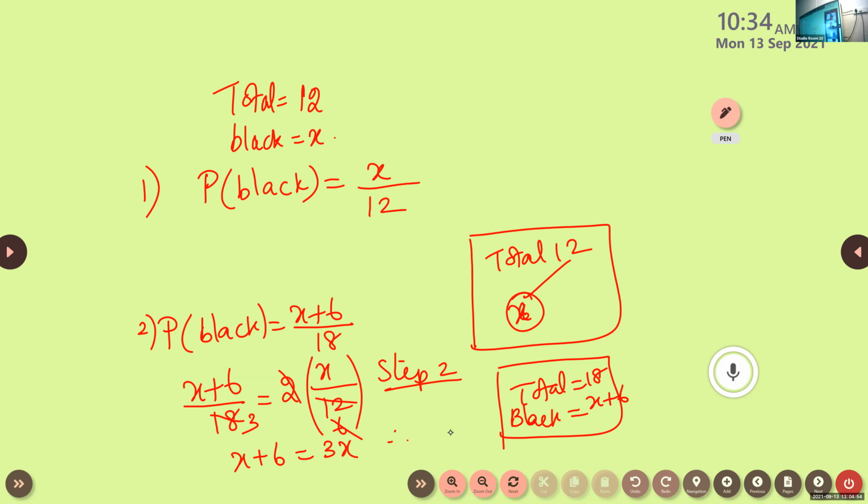Therefore, from here, what is x? X is 3. So number of black balls is 3.